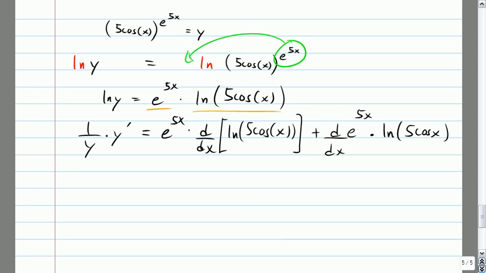Well, I certainly will need the chain rule if I ever want to find the derivative of e to the 5x or the natural log of 5 cosine x. That's going to be needed if I need to find those derivatives piece by piece. But the greatest thing there is I have the product of two functions. Just so happens that with those functions, I'll need the chain rule. But bare minimum, I'm looking at the product of two functions, so that's how I break it apart first.